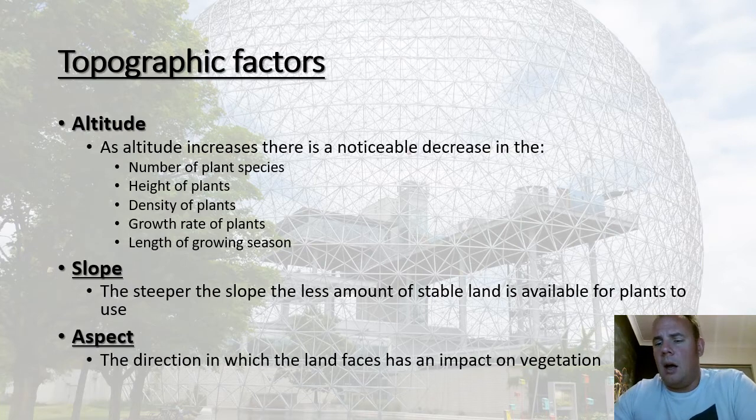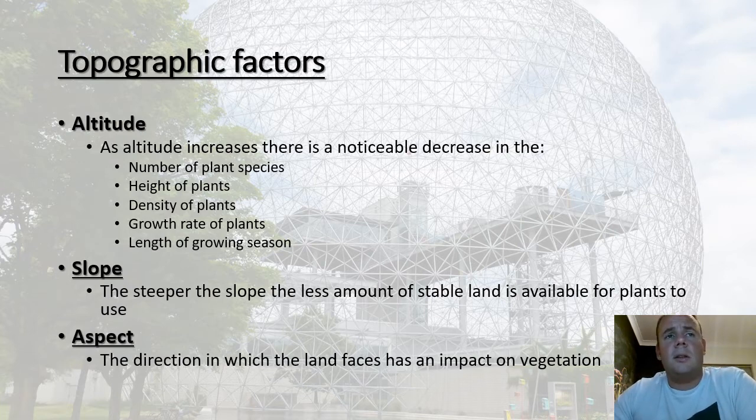If we look at somewhere in Australia like the Snowy Mountains, during the summer, lots of vegetation. But in the winter, when we have snow, it's going to reduce the number of plants, heights, and so on. So it's not just in colder countries; we do have areas in Australia that do the same thing.